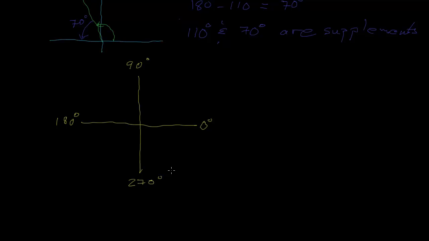And let's say I've got an angle of 203 degrees. Which quadrant is that in? Well, 203 is between 180 and 270. It'd be about here.